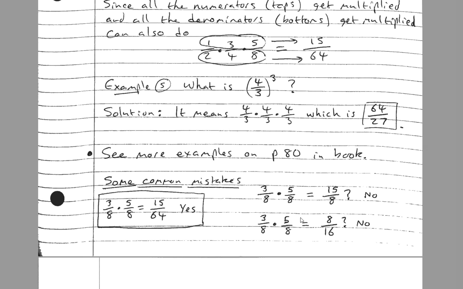So 3 plus 5 is 8. 8 plus 8 is 16. But we're supposed to be multiplying, so that's just a basic mistake that maybe beginners make, just using the wrong operation. So when you're multiplying fractions, you have to use multiplication. All right, so 3 times 5 is 15, 8 times 8 is 64.